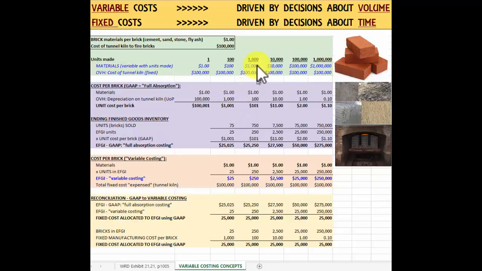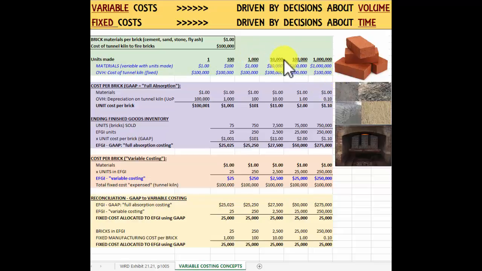Continuing on, what you would see is that if we increase production to 1,000, 10,000, 100,000, and even 1,000,000, dividing the total variable costs for materials by the number of units that were produced, in each case, the variable cost per unit would stay the same at $1 per unit.